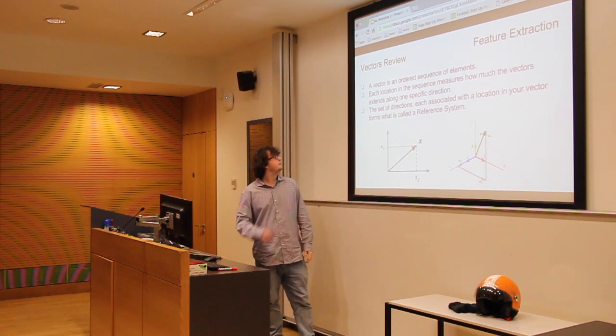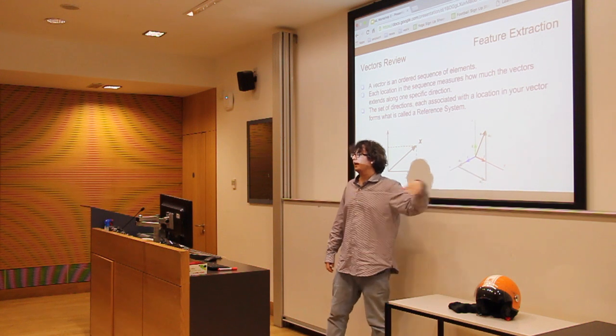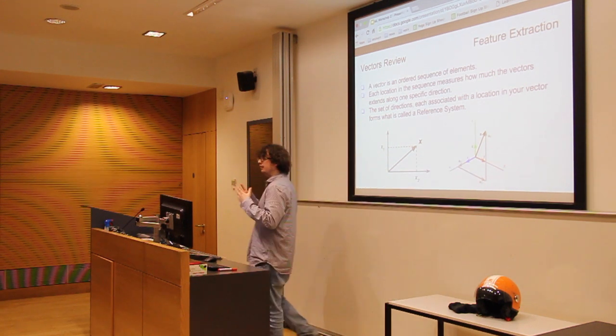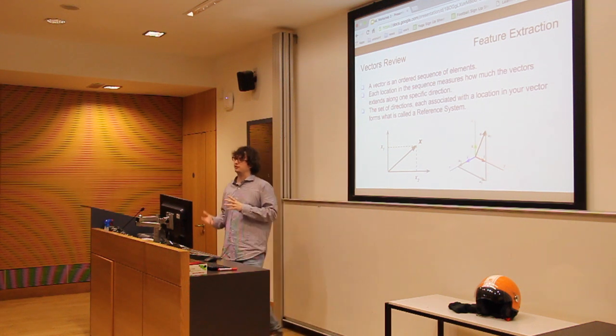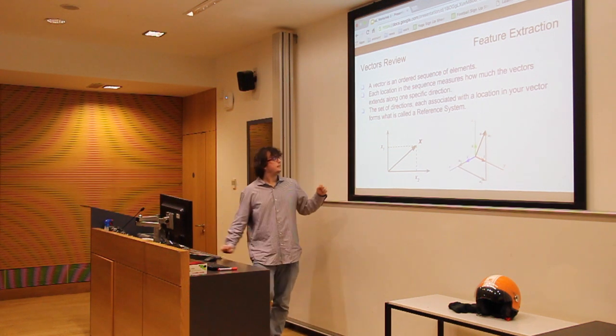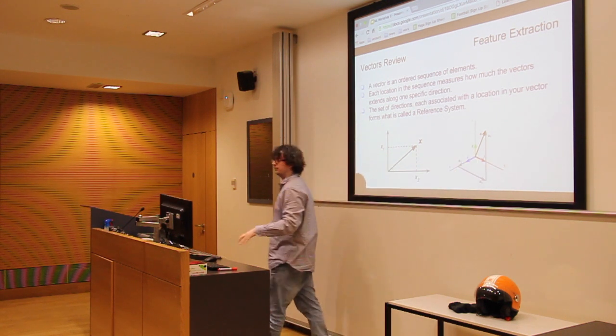And you can generalize this idea across dimensions. So you can have a vector with 3, 4, 5 elements. You can still think of it as extending along different factors of variation of your data. This set of directions you're considering is what is called the reference system.